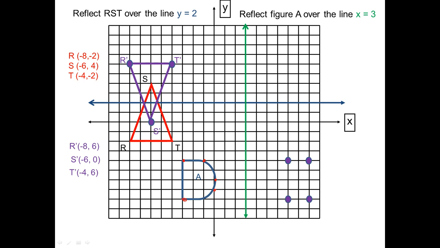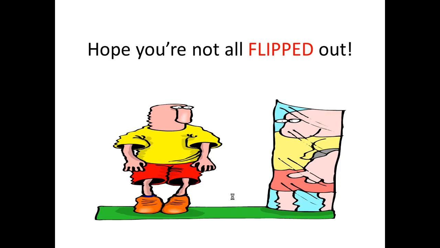So I'm just going to choose a few points, and I've got 5 here. 4 along the, this one should have been here, creating this little rectangle, and then of course I now have the semicircle. I've gone the wrong direction here. Here we go. And so now I can join them together. So that's a reflection over x = 3.